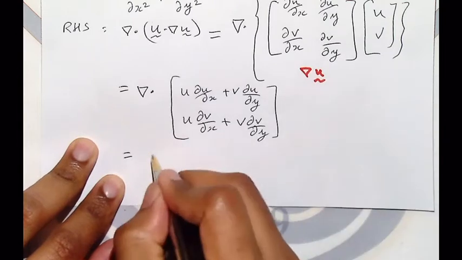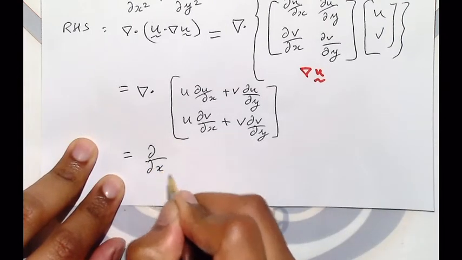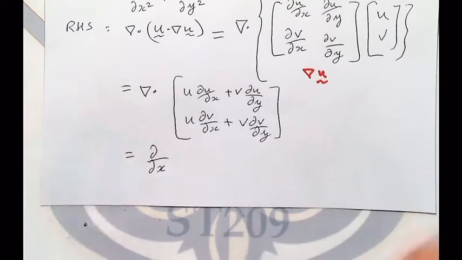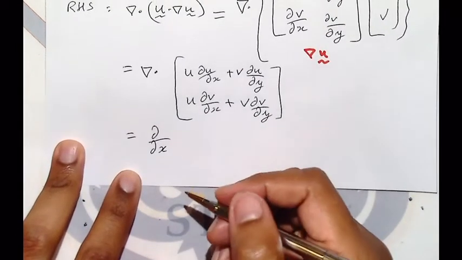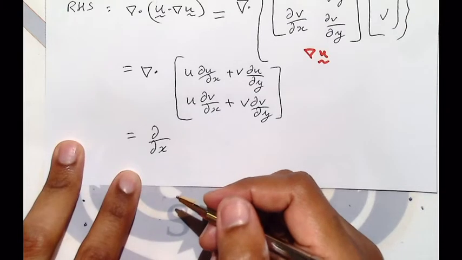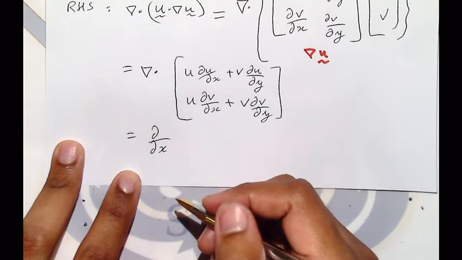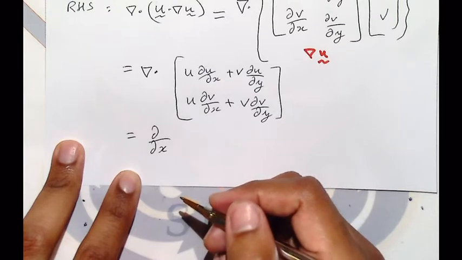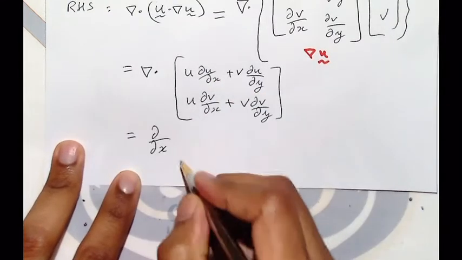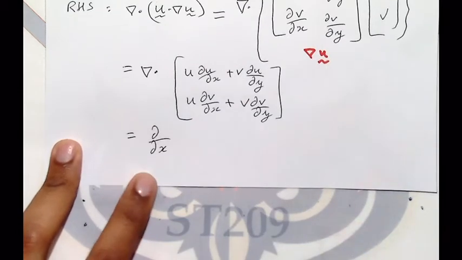Let me just write it out. So the final I think is partial u partial x squared plus u partial x times partial... What was it? Sorry, let's go step by step. Even I don't remember what the final answer should be.